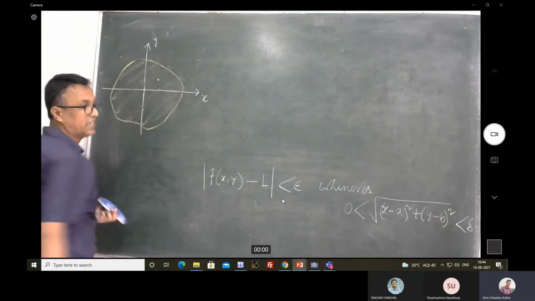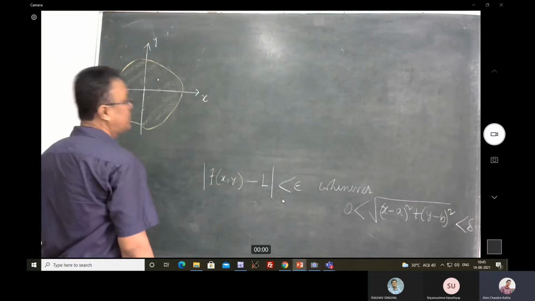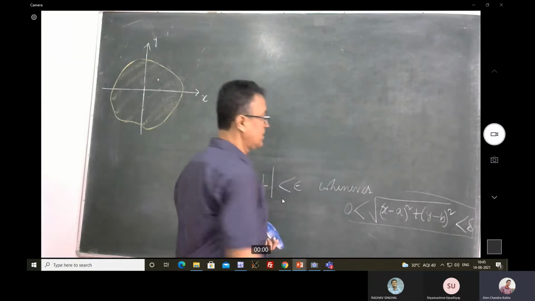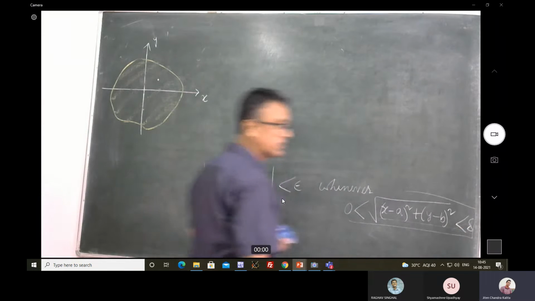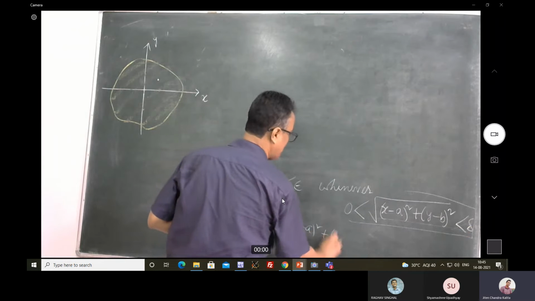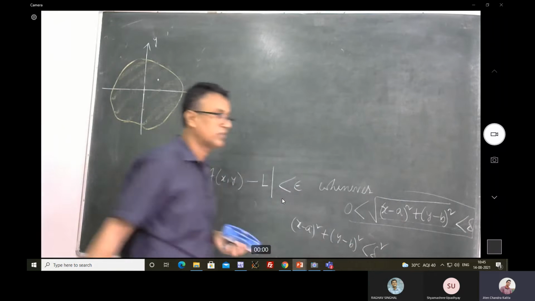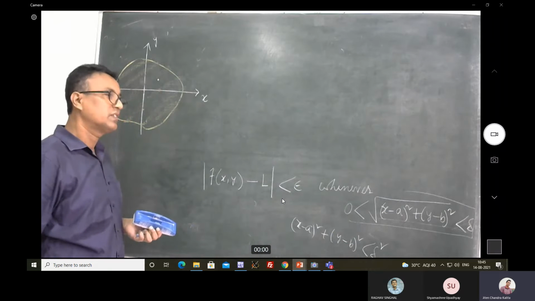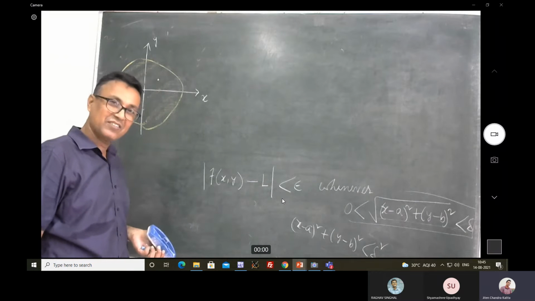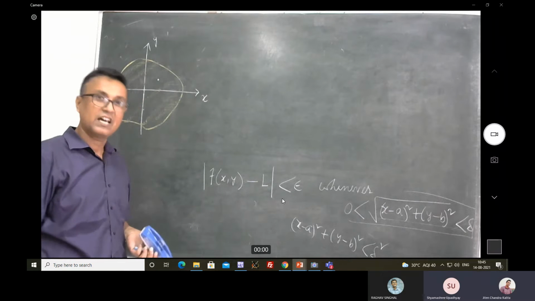Say this is the point A. If you consider this inequality, x minus a whole square plus y minus b whole square is less than delta square, this is nothing but the interior of the circle centered at AB and radius delta.